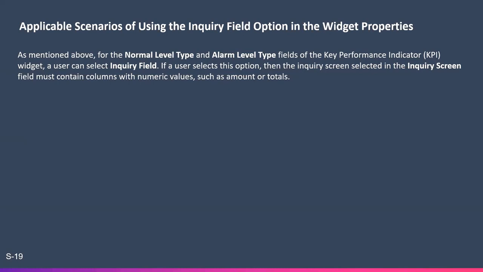So for the field to aggregate, the users can select the field that contains the current sales volume, and in the normal level field, the users can select the field that holds the annual quota. In the alarm level type field, users can select either of the available options and then specify the alarm level. After the user saves the changes, the system will calculate the levels and display the results with associated colors for the levels.